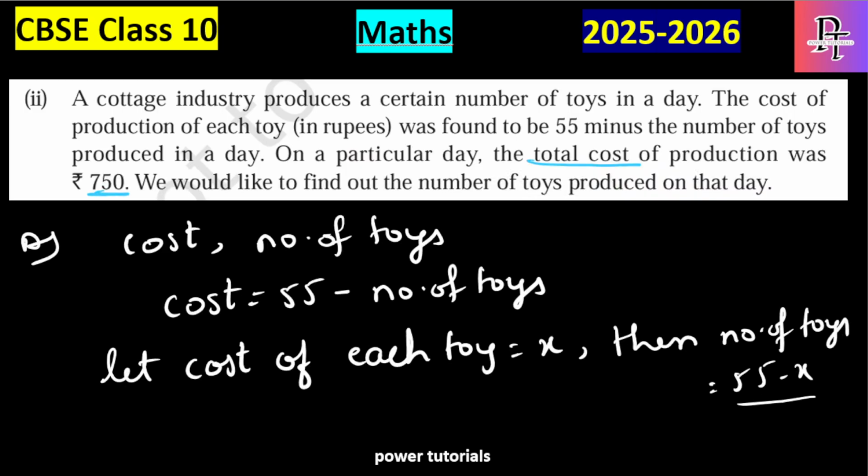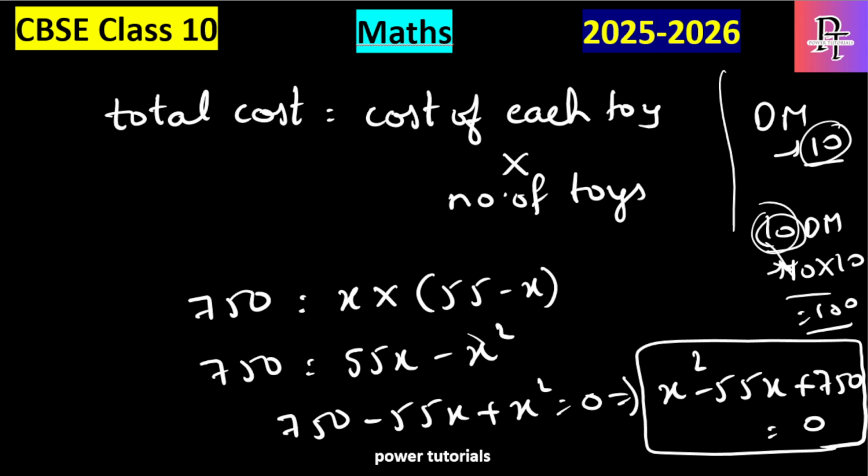So this is the second question, and the equation finally we got it as x square minus 55x plus 750 equal to 0. So now we're going to solve directly that equation. I'm not going to explain how we're going to get that equation, because this we already covered in the previous parts.